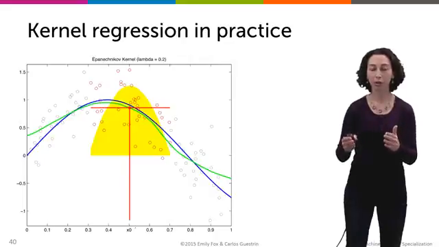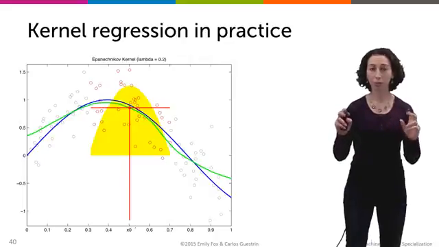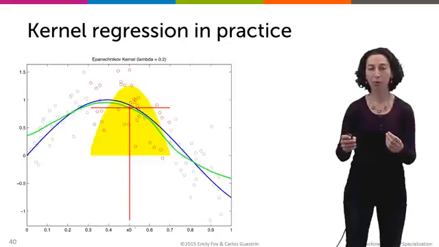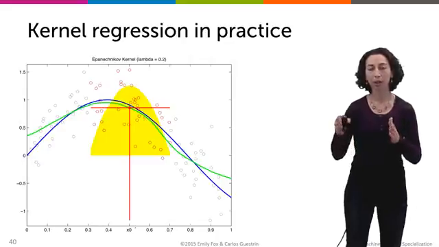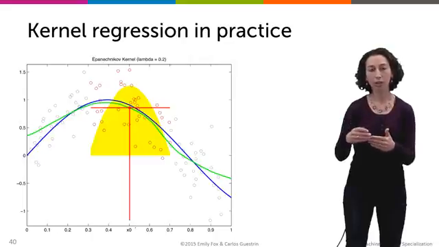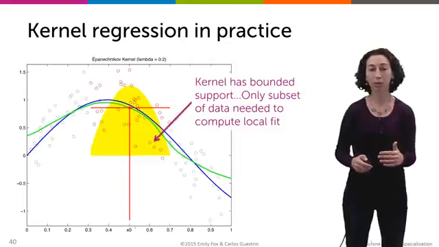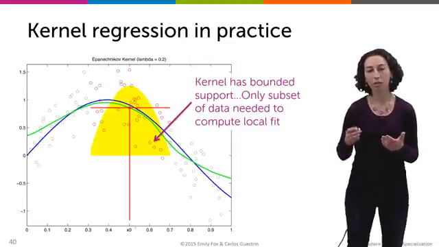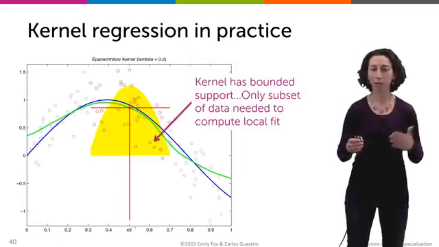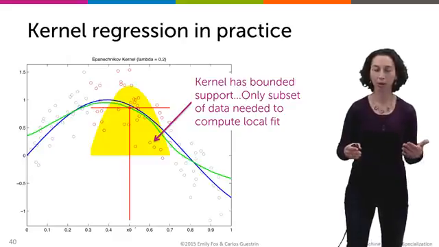Here we chose a kernel with a given bandwidth, that's the lambda parameter we discussed earlier, and that defines a region in which our observations are going to be included in our weighting, because this Epanechnikov kernel has bounded support, in contrast to, for example, the Gaussian kernel.